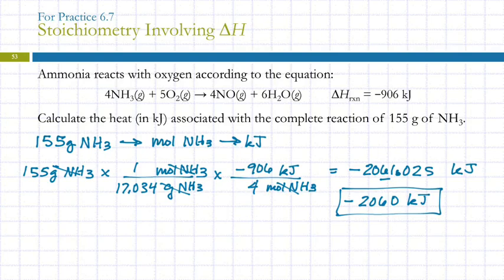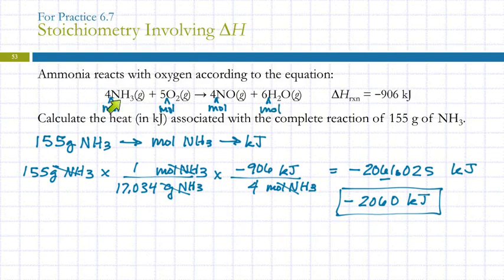Question? I was going to ask, where do you get the ratio of the moles to kilojoules? Good question. Where did I get this? So because everybody agreed to do it this way, this amount of energy is related to 4 moles of this. So the 4 comes from the coefficient. So we can just insert mole between the number and the chemical formula.